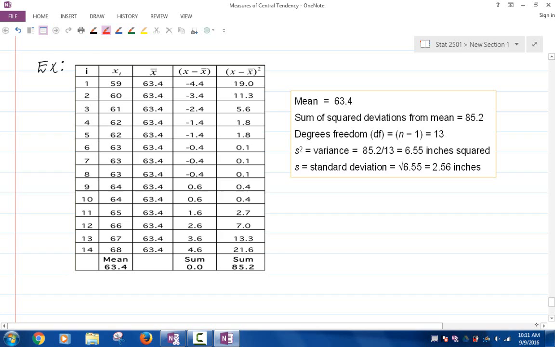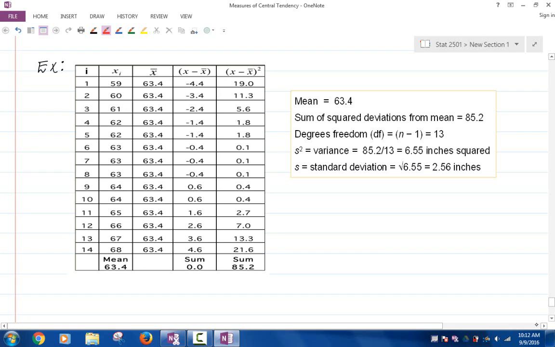Once I have the observations, I can find the sample mean. What's the sample mean? The sum of the observations divided by the total number of observations, right? So the sample mean here is going to be 63.4. Is everybody okay with that?